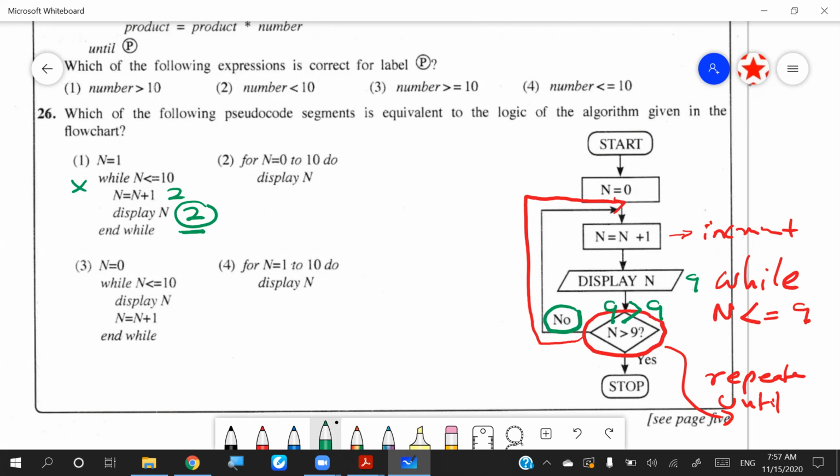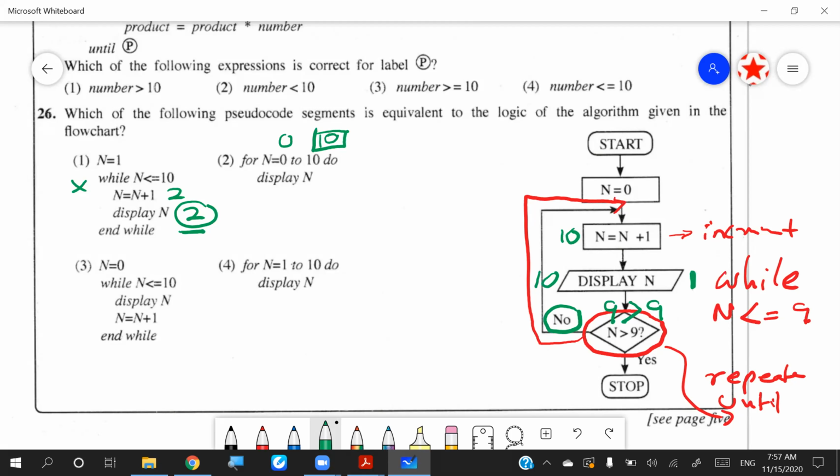Still you find no, so you move upwards, and n will be incremented by 1, so it will become 10. Then 10 will be displayed. In the for loop, when we say display from 0 to 10, n goes from 0 to 10, including those two values. So the last value is okay, but the first value to be shown in the flowchart is 1.